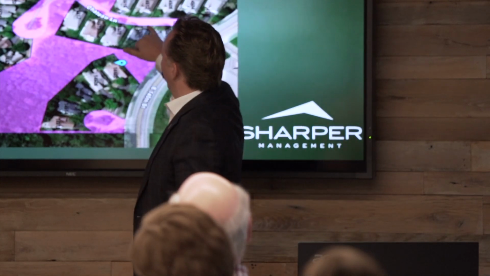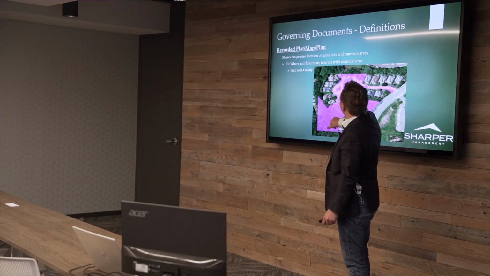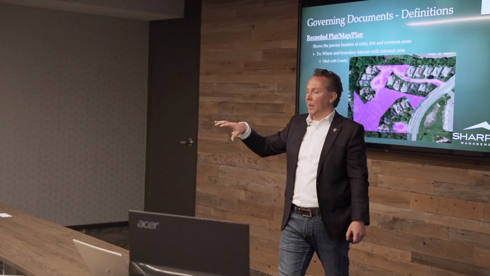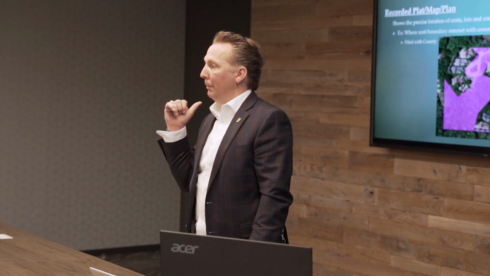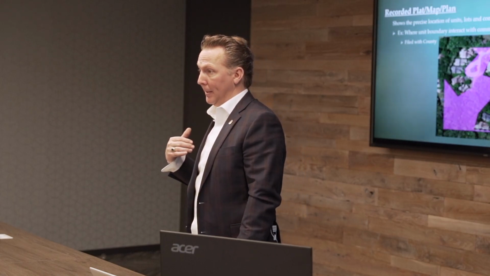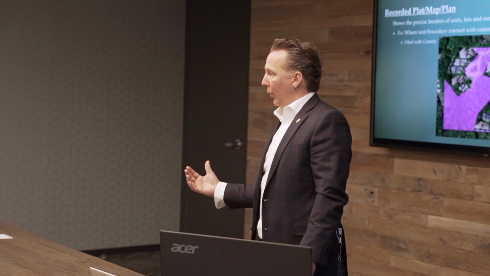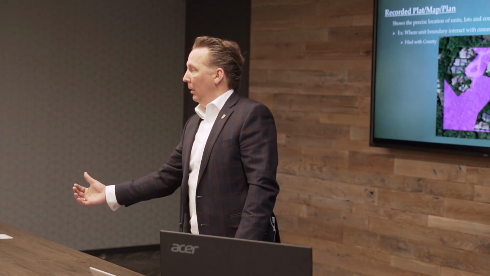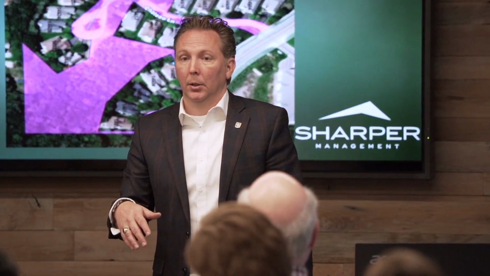So this county website shows in the purple where all of the common element is. And I'll give you a little story of why that's important, because this particular association's governing documents say that the owners own their lot, but the association maintains it. So they have to mow the grass and plow the driveway, but they don't do structural maintenance.